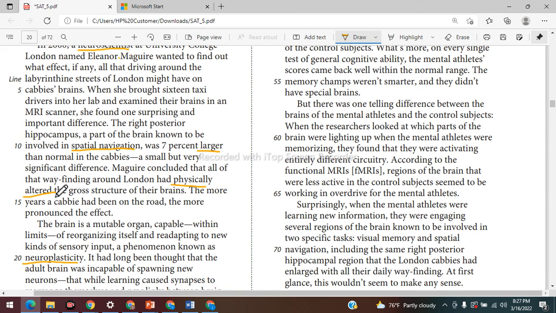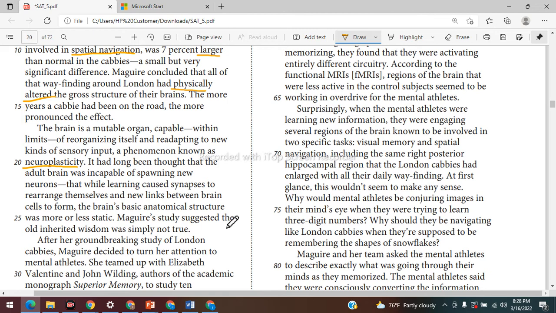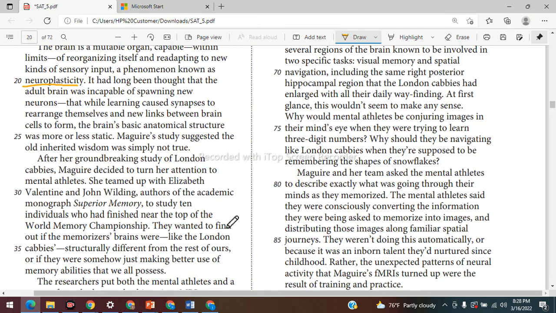And that was shattering, because it was normally thought that if you're an adult, your brain basically stays the same. There's no change that happens to your brain as you grow older, structurally speaking, the actual weight, the actual structure, the actual physicalness of it.